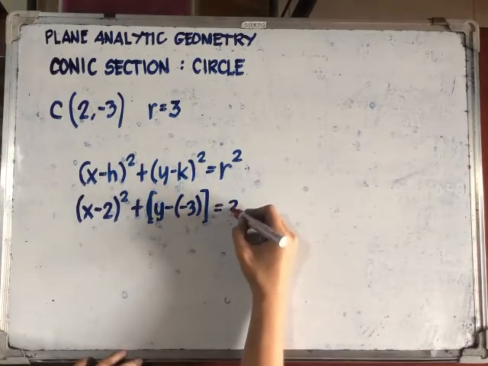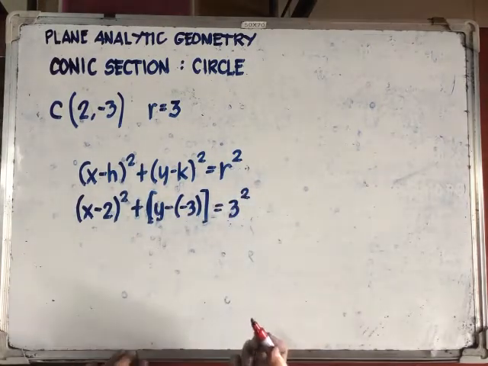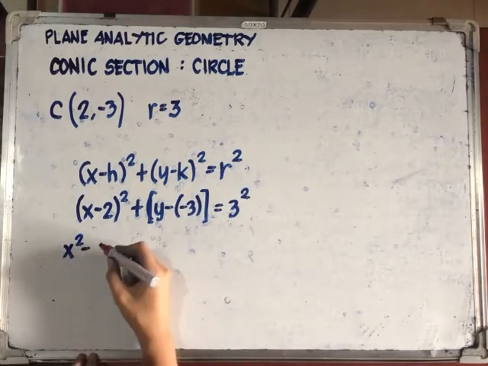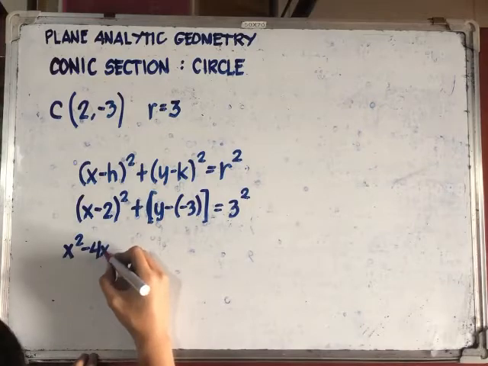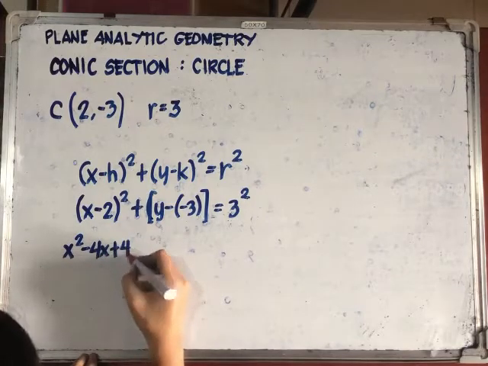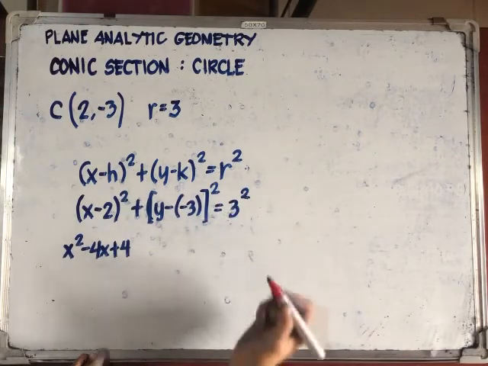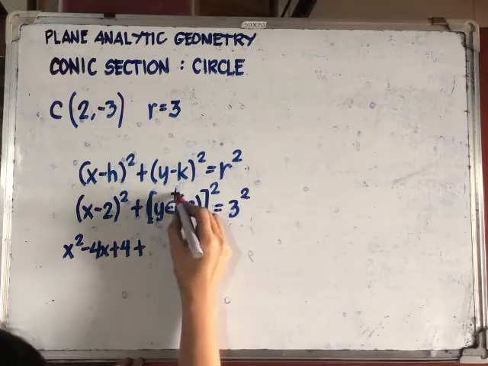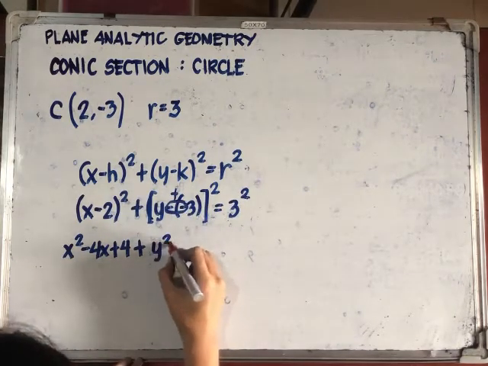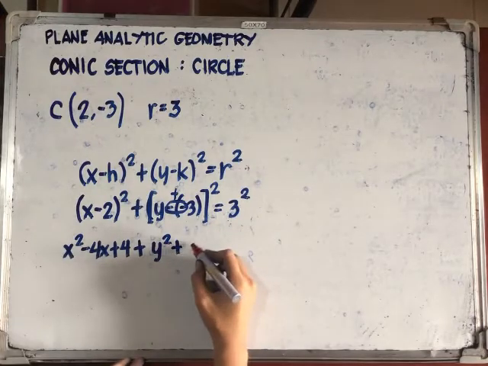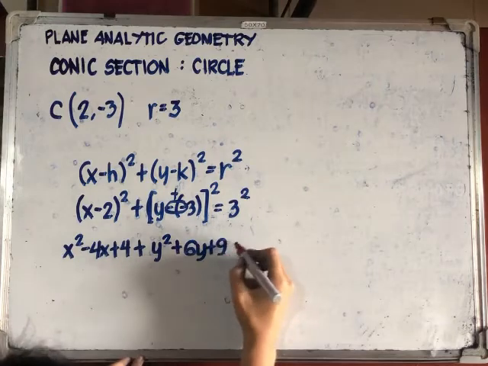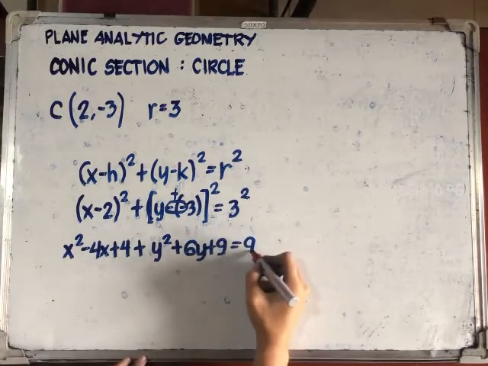Okay, equal to r squared, that is 3 squared. So, expand na lang natin siya ngayon. This would be x squared minus 4x plus 4. I'm sorry, nakalimutan ko yung square dito. Plus, this would become positive na, di ba? Okay, this one is y squared plus 6y plus 9 is equal to 9.